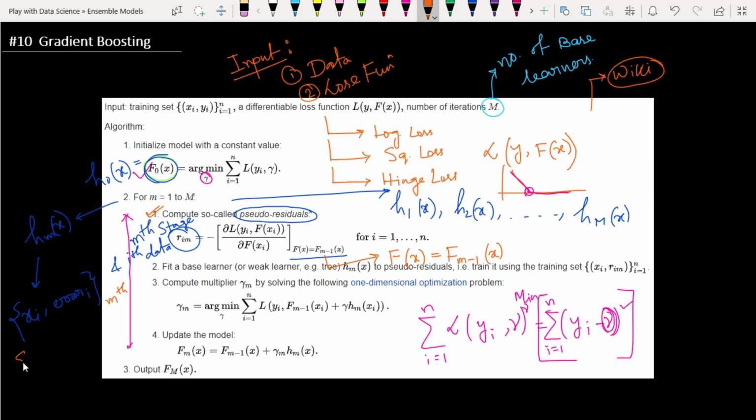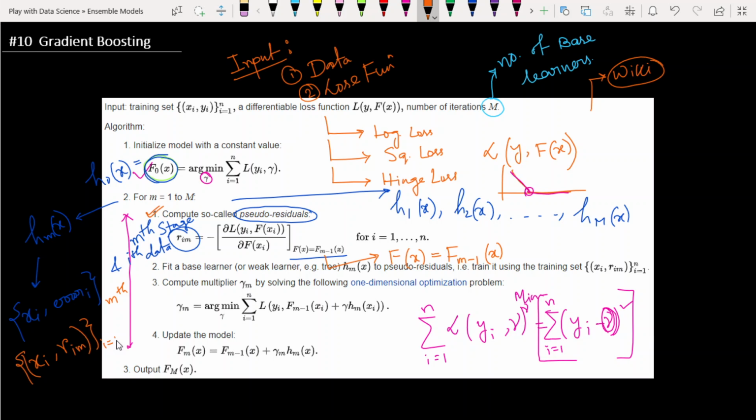So in gradient boosting, our data set looks like pairs of xi and r_im, which we use to train our base learner model.